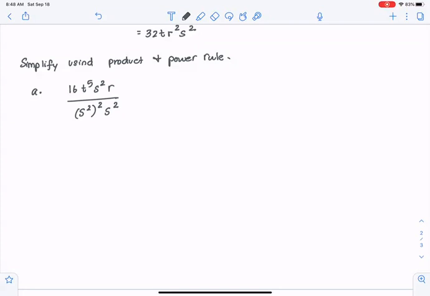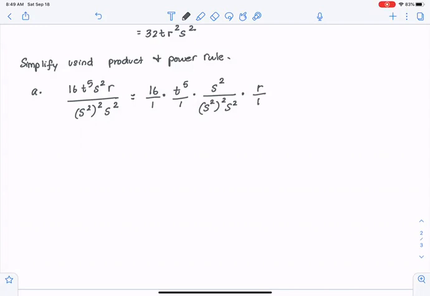The process is pretty much the same in the sense that we want to group all the terms that involve t together, terms that involve s together, terms that involve r together, and keep the number as is. So 16 over 1 times t raised 5 over 1 times s squared over s squared squared times s squared multiplied by r over 1.